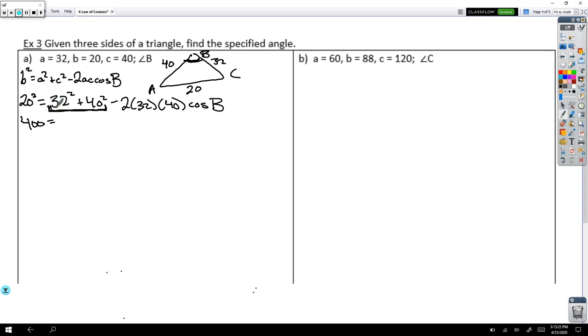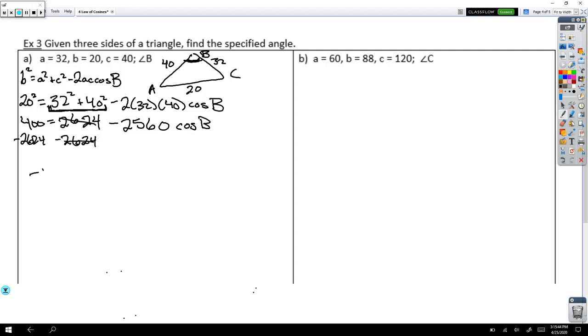So that would be 2,624, minus, doing my multiplying, I get 2560 cosine of B.